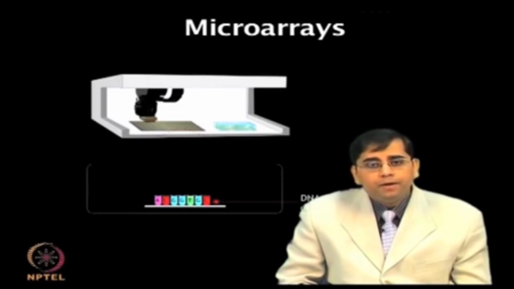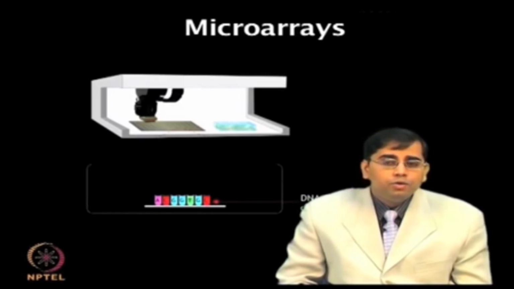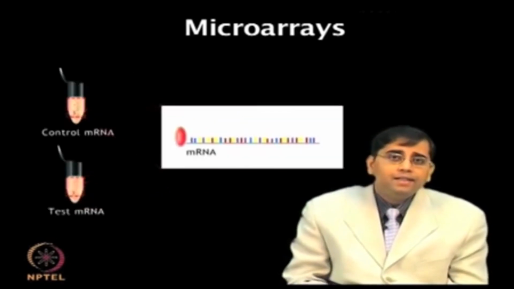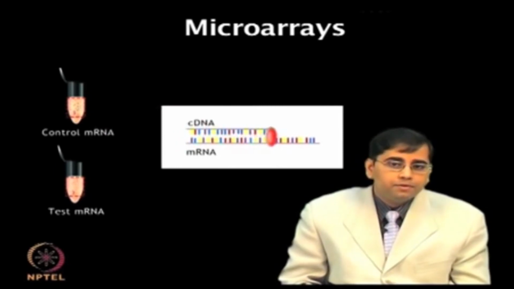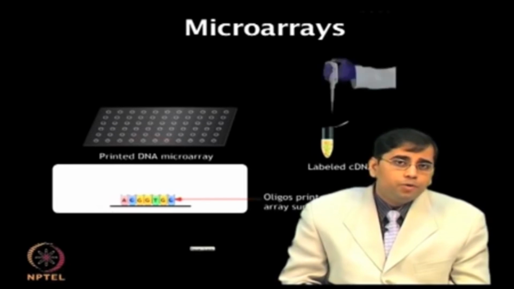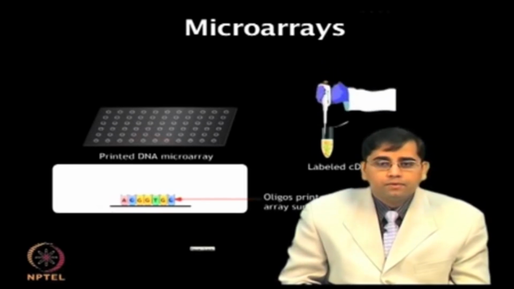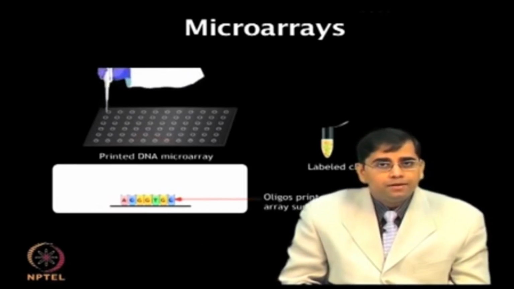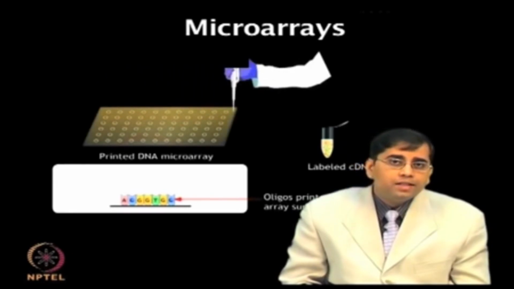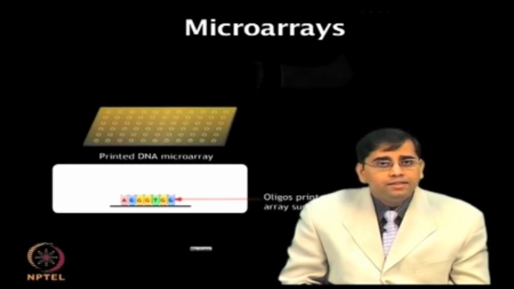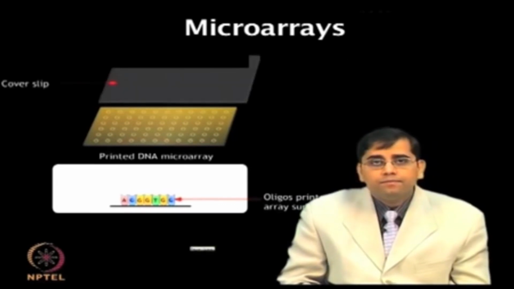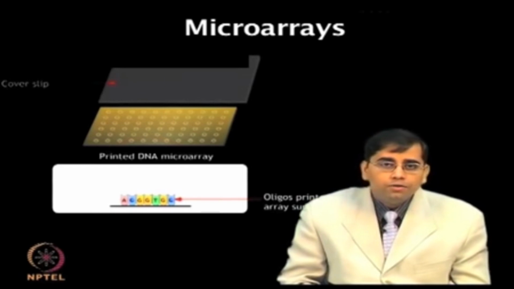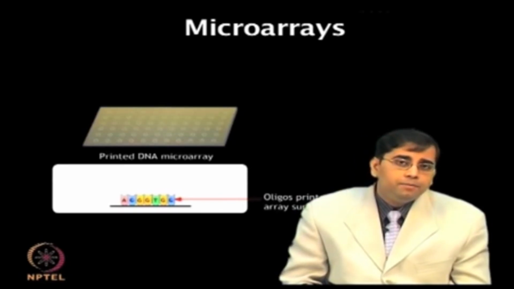In a microarray experiment, the mRNA from control and test samples are extracted and reverse transcribed into its corresponding cDNA. The cDNA samples are labeled with Cy5 and Cy3 dyes, and the mixed cDNA sample is incubated on a printed DNA microarray.